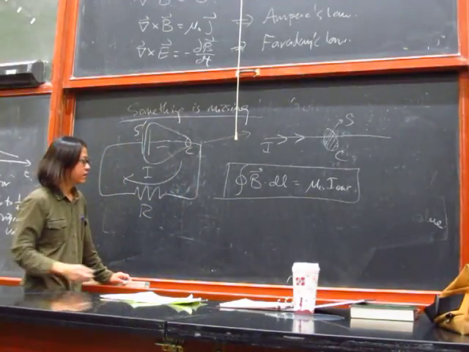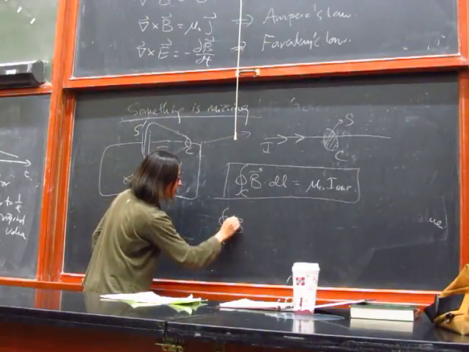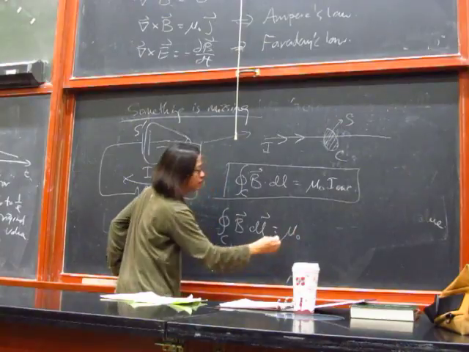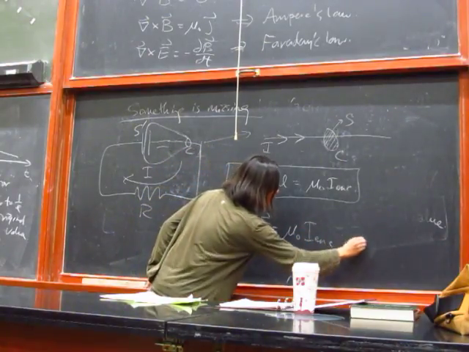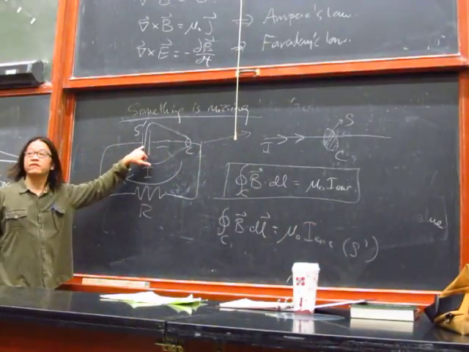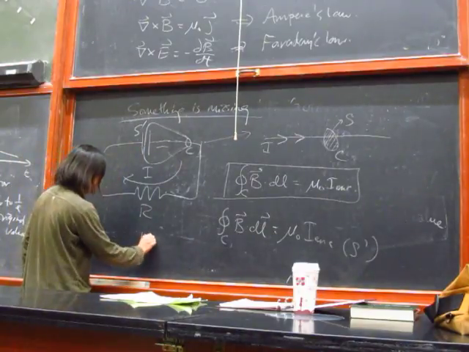The line integral over loop C of B dot dl is equal to mu naught I enclosed. But if I use S prime instead of S, there is no piercing of current. No current.